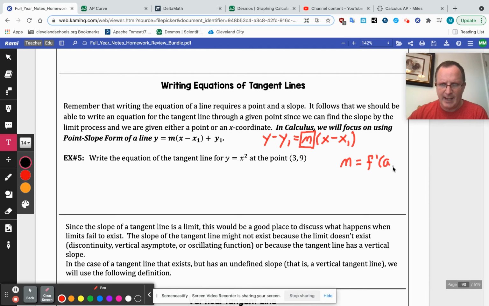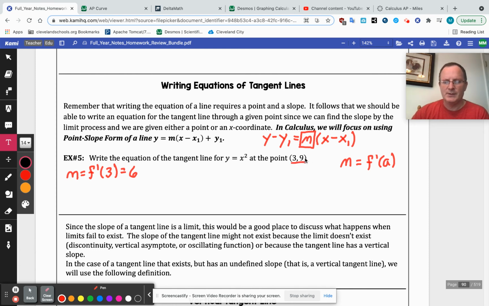And we just found that a few minutes ago on example 4. And so for this particular one, I'll put it right here. The slope is the answer for our last problem, f prime of 3, and that was 6, right? And then we know x1 and y1.